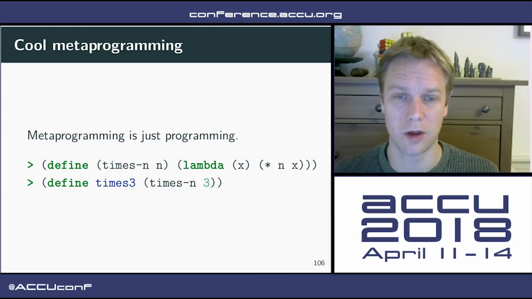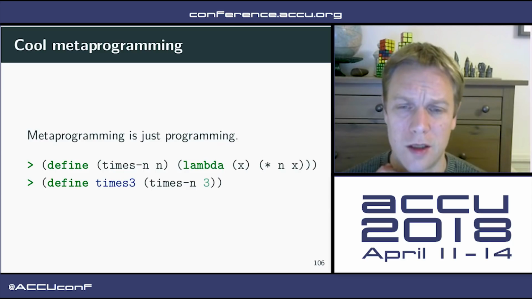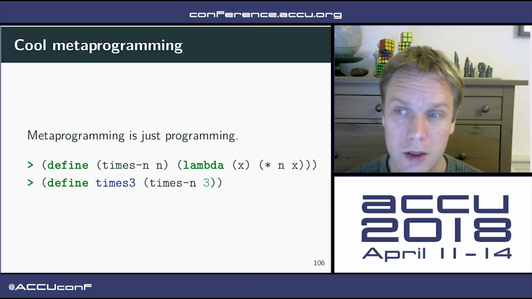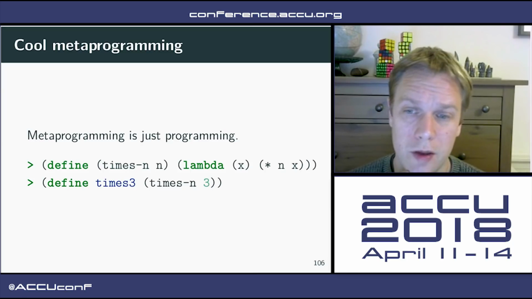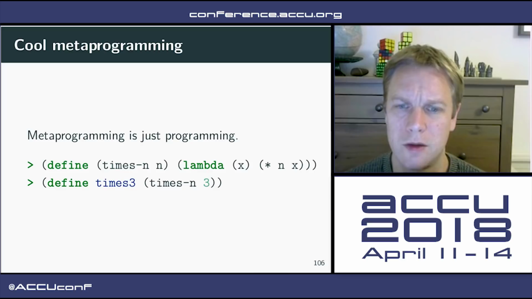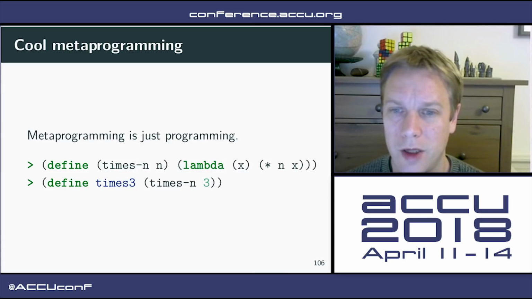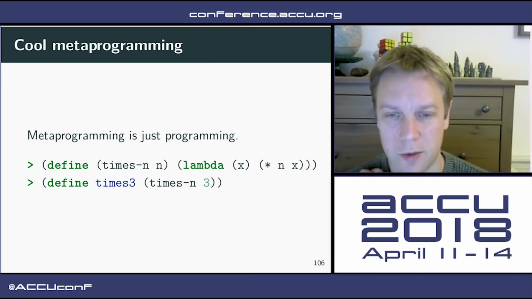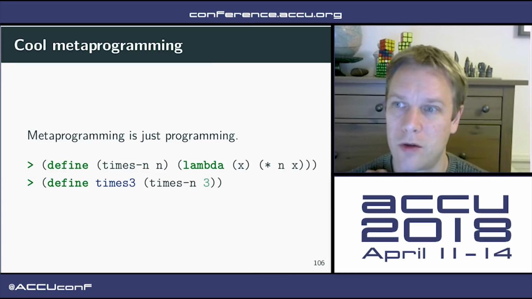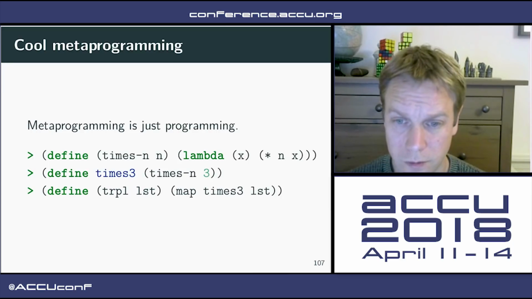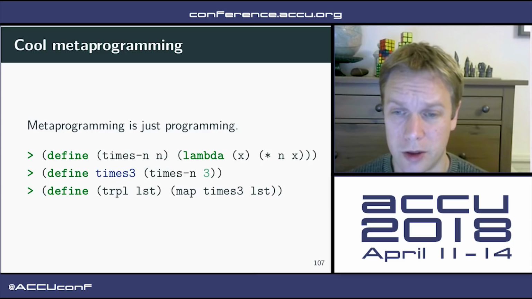This is an example, in some sense, of metaprogramming, in the sense that we've created a new function which multiplies things by 3. We've given it a name, times 3. There's no code anywhere of a function that multiplies things by 3. There's only this thing called times n. But we called times n, gave it the answer 3, and it gave us back a function that multiplies things by 3. So we've made a new function. It does something new, but all within the code of the language.